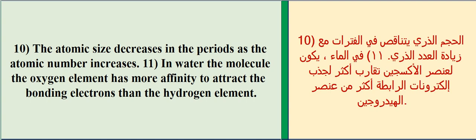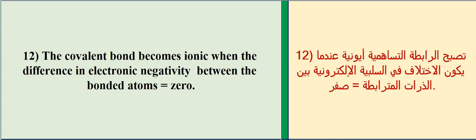In the water molecule, the oxygen element has more affinity to attract the bonding electrons than the hydrogen element. 12. The covalent bond becomes ionic when the difference in electronegativity between the bonded atoms equals 0.